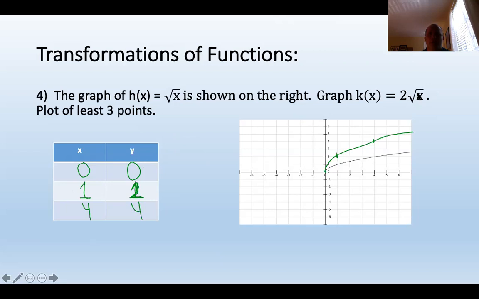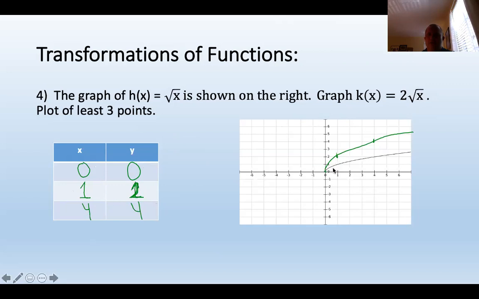The square root of 1 is 1. 2 times 1 gives us 2, so there's 2 for our y-coordinate. And then 4 for x. If we plug in 4 for x, we'd have square root of 4, which is 2. 2 times 2 is 4. And so 4 would be the y-coordinate. So our 3 ordered pairs are (0, 0), (1, 2), and (4, 4).